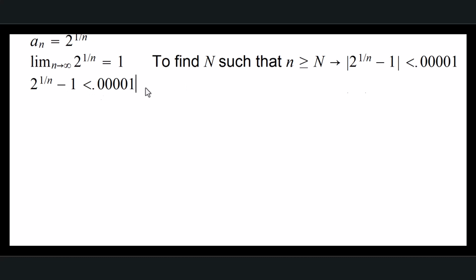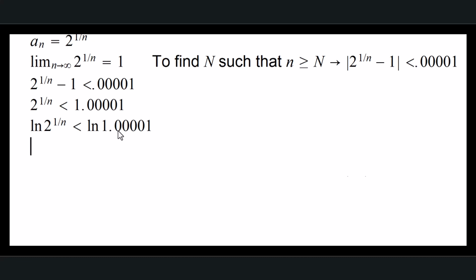Or in other words, we can move 1 to the other side. So if I add 1 here, we get this. And now we have to find a value on n. So it's a good idea to take natural log, or any log you can take. Natural log is good, and natural log is monotonic. So we will get this statement.